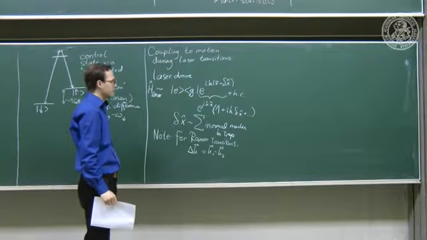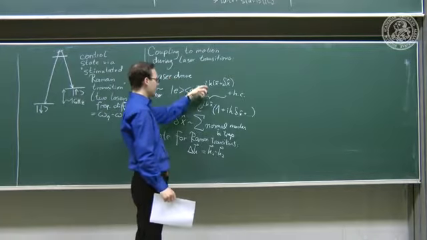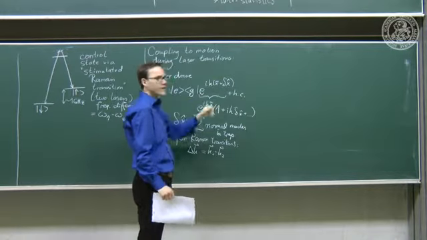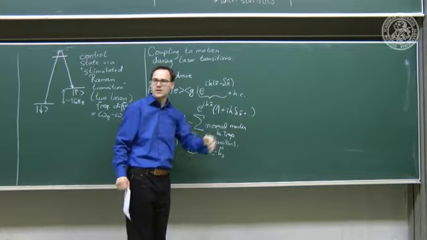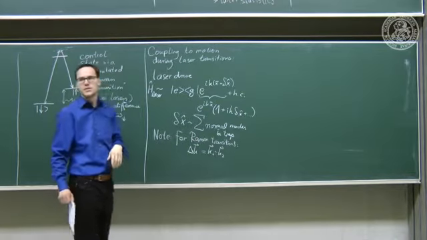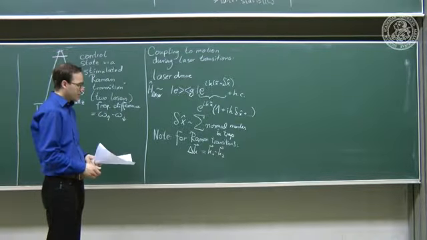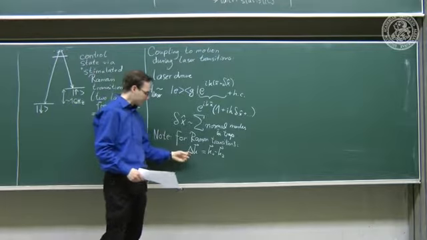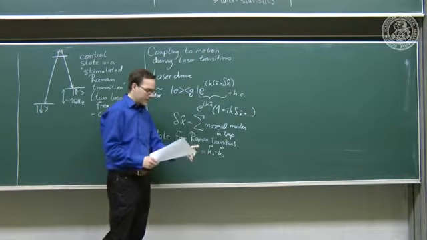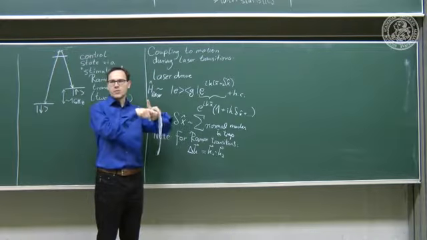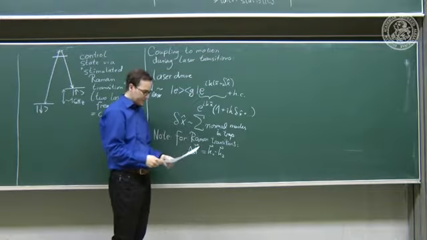And the way to see this is relatively simple. You have, say, one transition going up with e to the plus i k1 x, and the other transition going down, which is the Hermitian conjugate part, with e to the minus i k2 x. And so then you can control this in a wide range just by changing the angle between the two laser directions. And so that will change delta k.